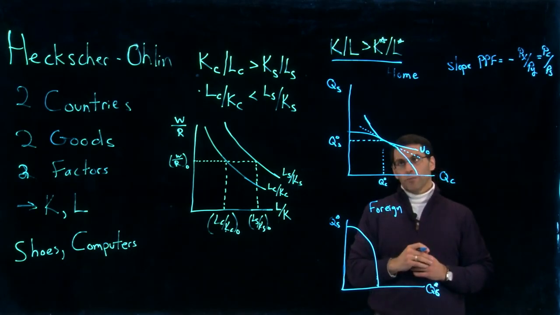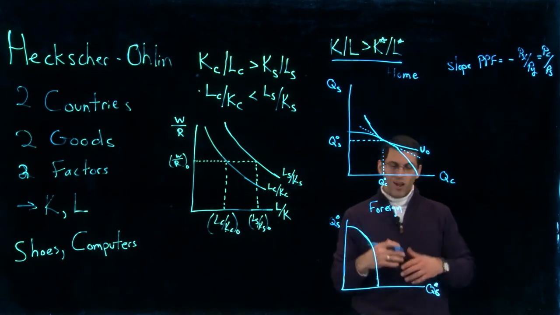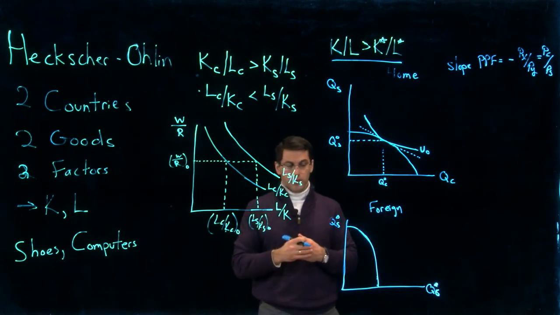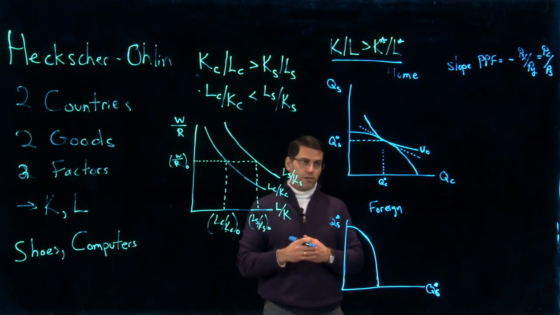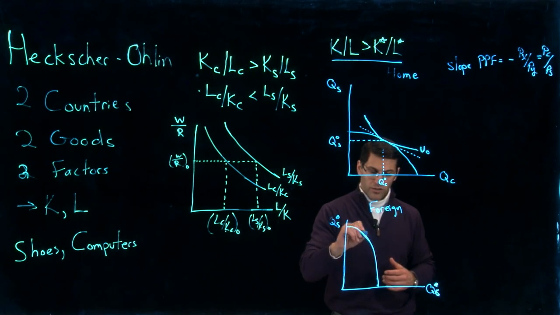Let's compare that to what we might expect to see for foreign. Well, we might expect to see that in the foreign country, given how relatively difficult it is for them to produce computers, the relative price of computers is going to be higher. So perhaps we end up with something like this.